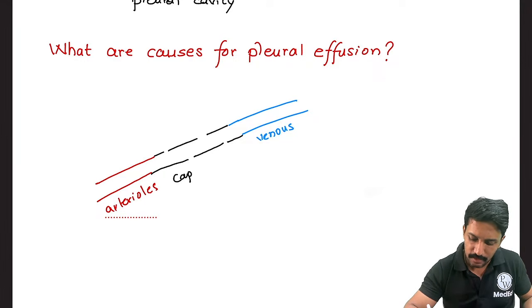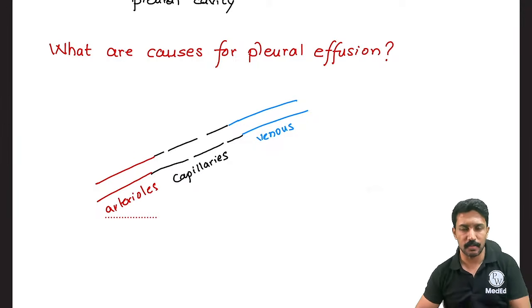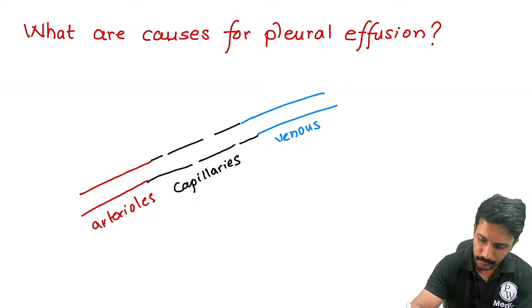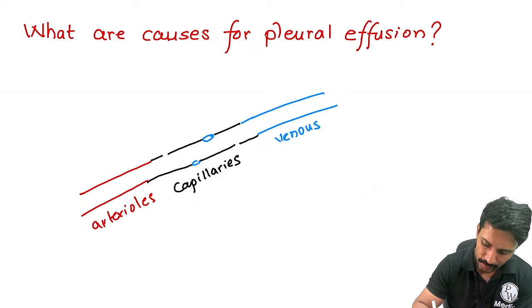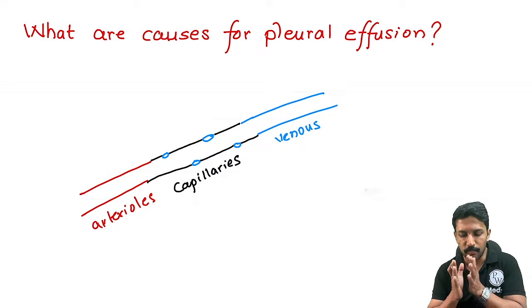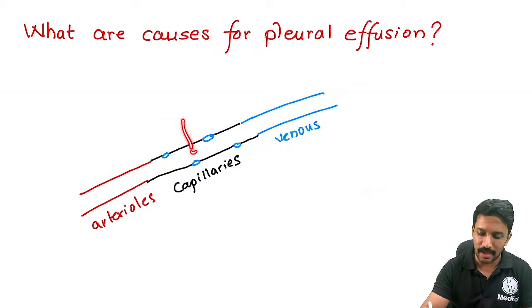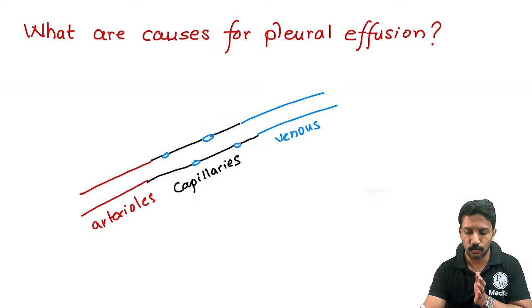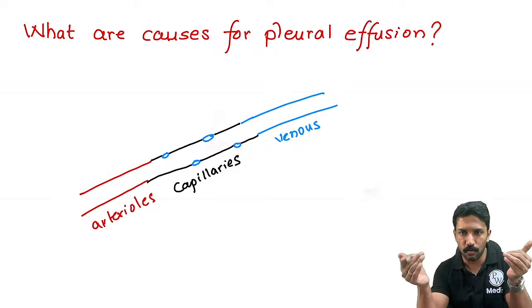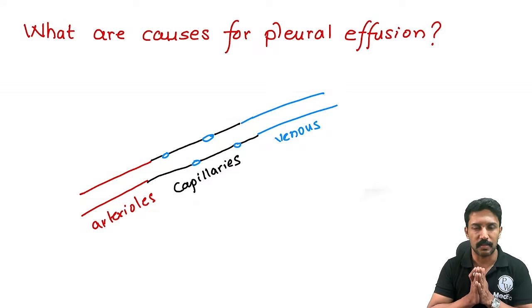In between the arterioles and the venules we have capillaries, and the capillaries have small openings called fenestrations, which allow the movement of water between the interstitium and the blood vessel. Through these, small molecular weight substances and water can move out or come back in.